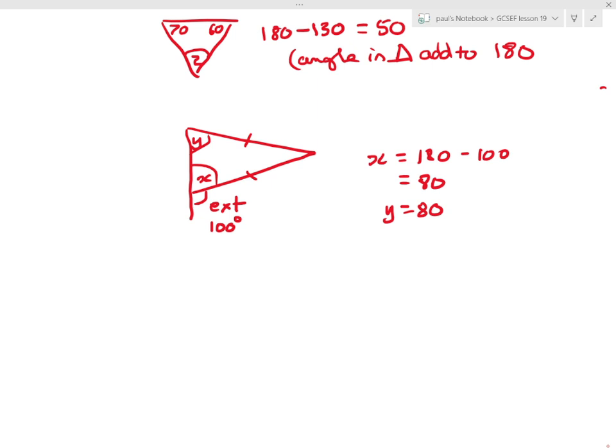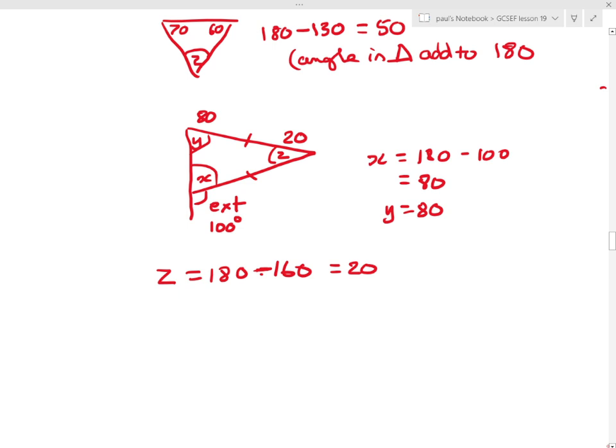So this one up here, Z, will be 180 minus the two lots of 80, which is 180 minus 160. Sorry about that little dot. Which equals 20. So Z equals 20. All right, now one thing that happens here is that Y was 80 degrees and Z is 20 degrees.